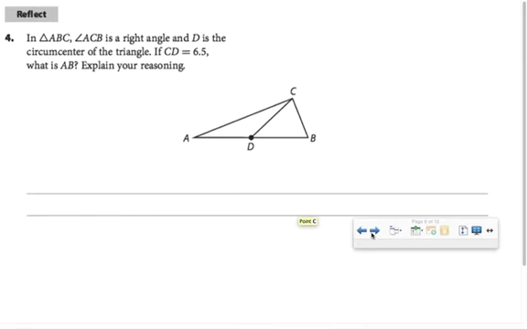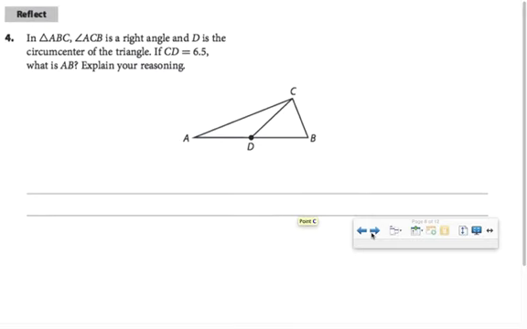In this example, I'm told that angle ACB is a right angle. So you notice that D, the circumcenter, is on the triangle. I'm told that CD is 6.5. So what's the length of AB?